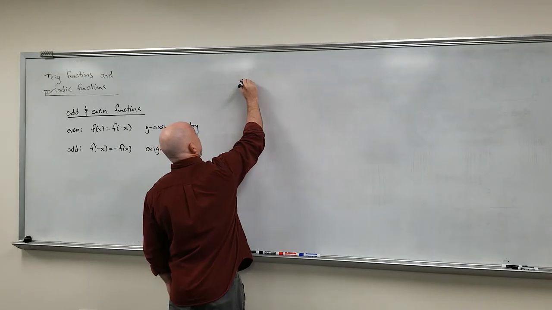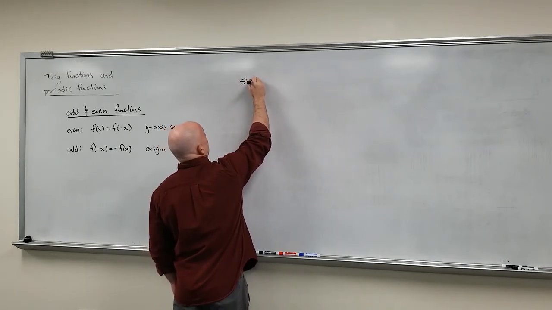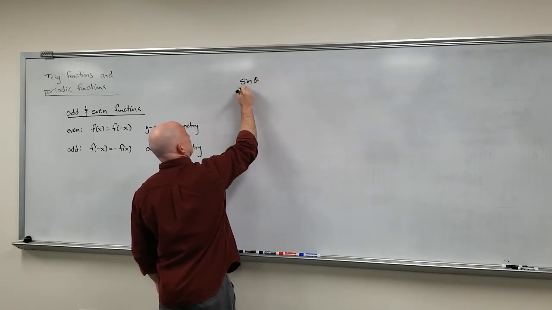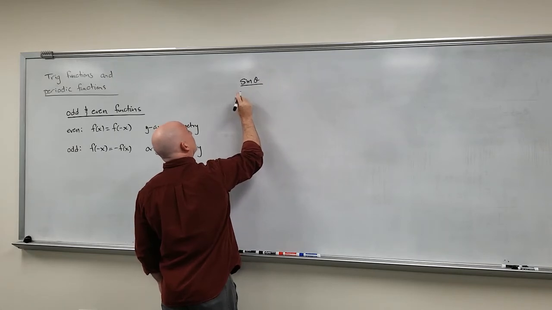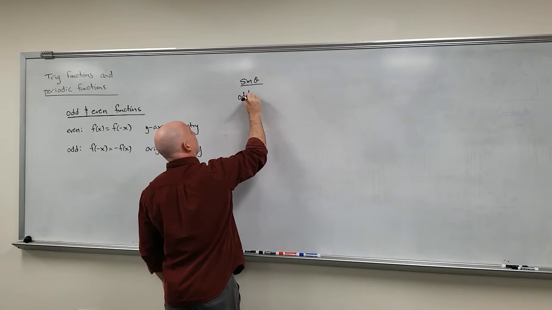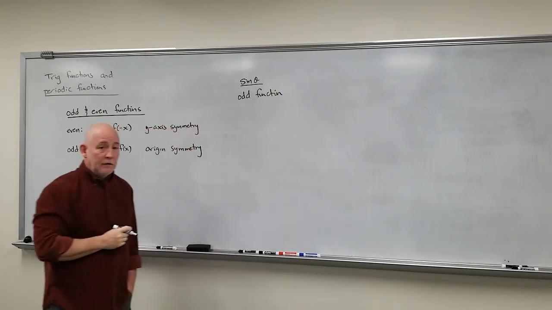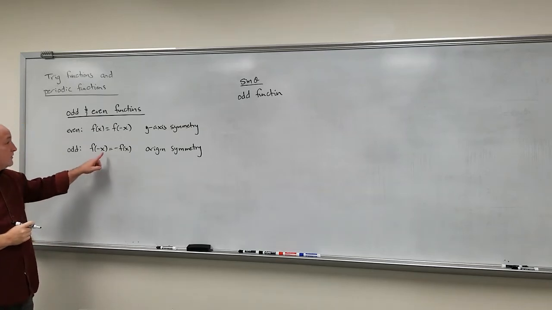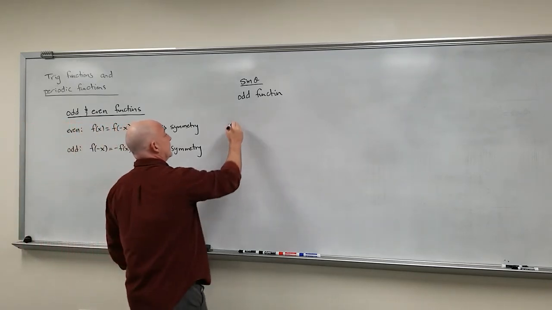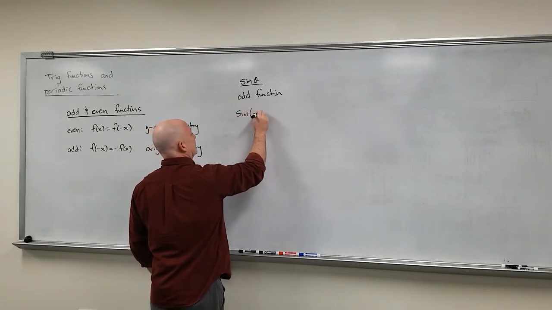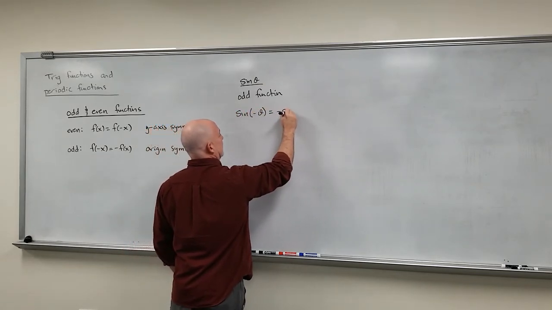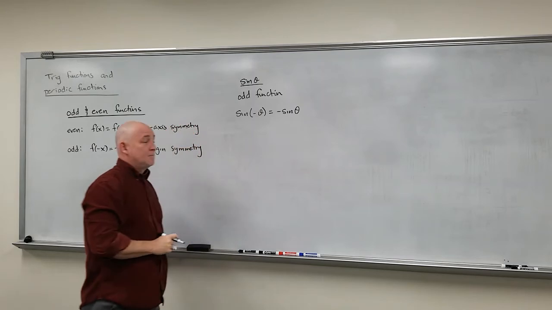So if we take a look at just the sine of theta, this is an odd function. Being an odd function means that the sine of negative theta is equal to the negative sine of theta.